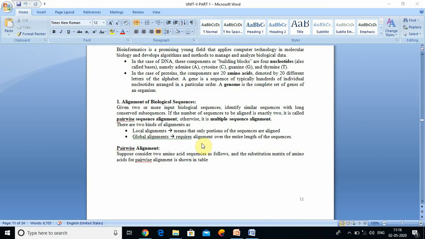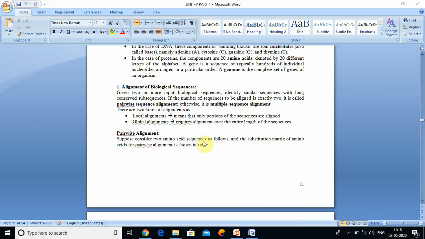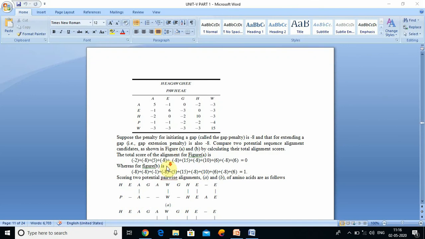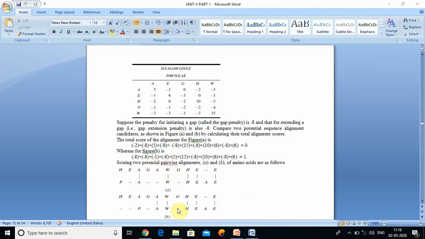Next, pairwise alignment. Suppose we consider two amino acid sequences as follows, and the substitution matrix of amino acids for pairwise alignment is shown in the table. Suppose the penalty for initiating a gap, called the gap penalty, is -8, and that for extending a gap, the gap extension penalty, is also -8.